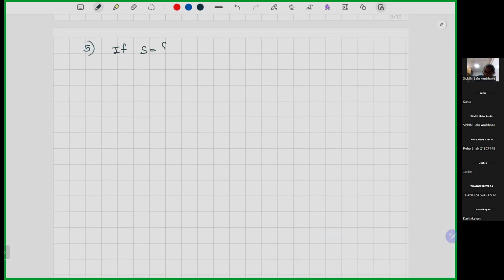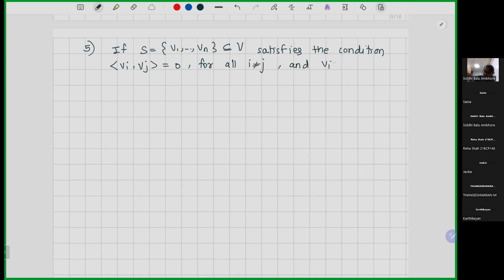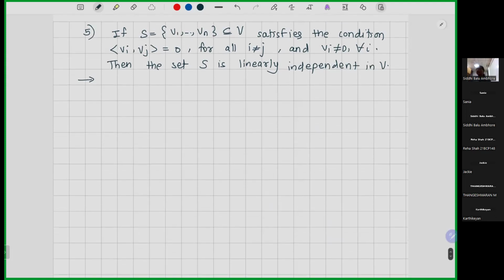Now they're asking about this set. If S is this set, V1 to Vn in V, satisfies the condition that the inner product of Vi, Vj is equal to 0 for all i not equal to j, and Vi is non-zero for all i, then the set S is linearly independent in V. So this is the question.